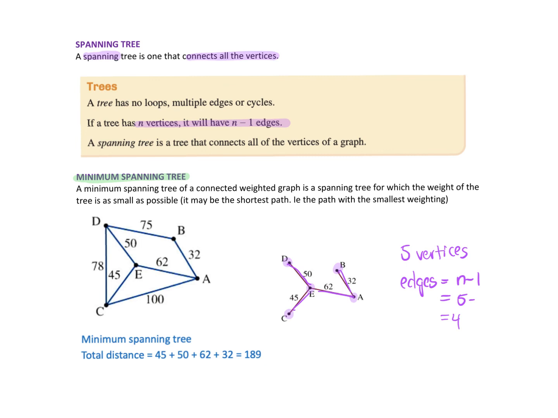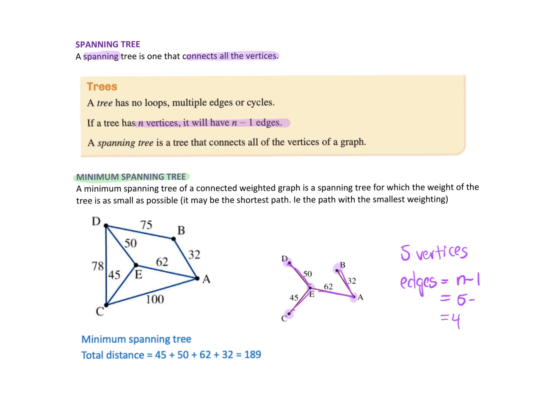You don't want the wiring costs to be so much, so you want the shortest option. A minimum spanning tree is of a connected weighted graph. Remember, weighted just means we've got numbers on there. It is a spanning tree for which the weight of the tree is the smallest. So we're going to try and find the smallest combination.